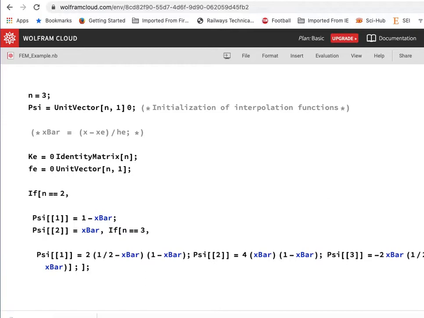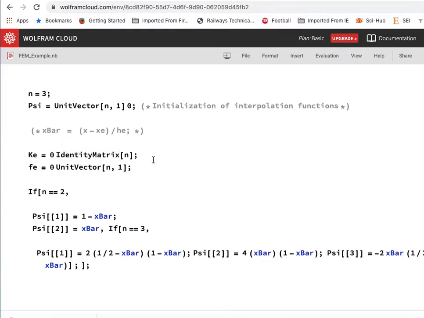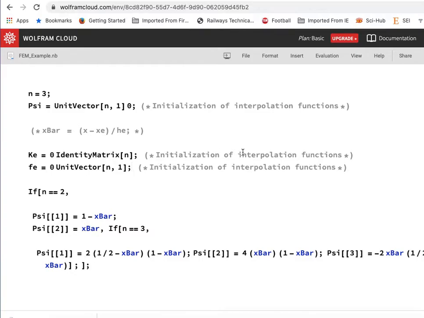So for KEIJ, I and J will both take values of 1 to small n, so the size will be small n cross small n. So I am defining some identity matrix and unit vector, multiplying it with 0 in order to get a 0 matrix initially for KE and a 0 vector for FE. So let me do this.